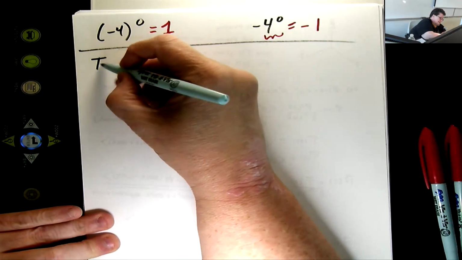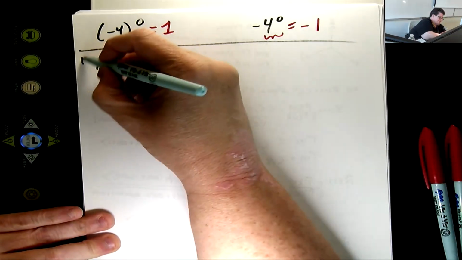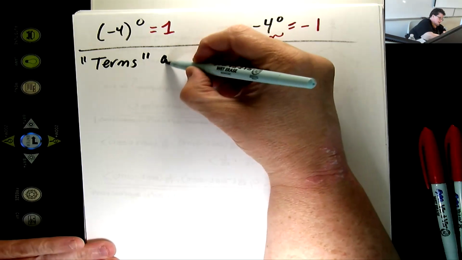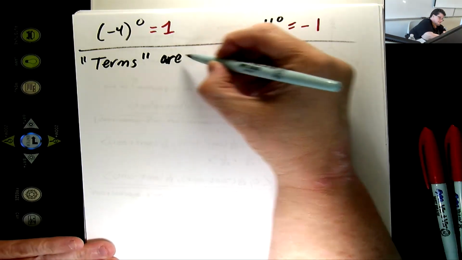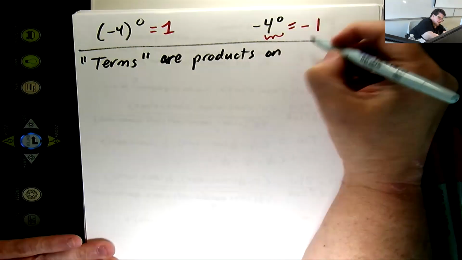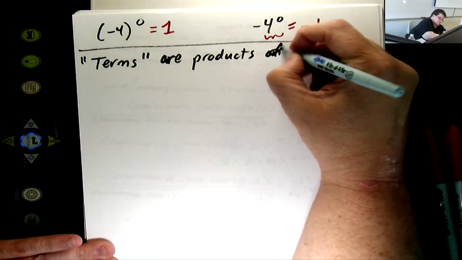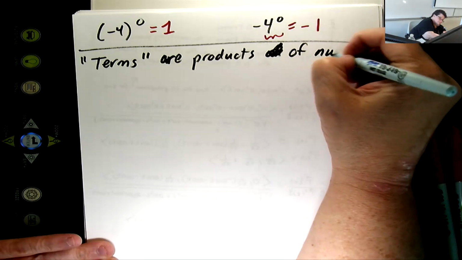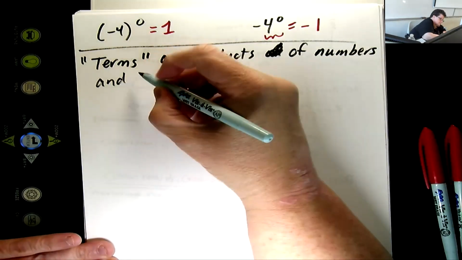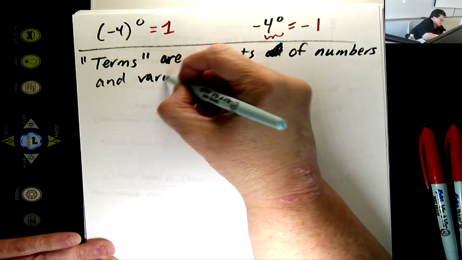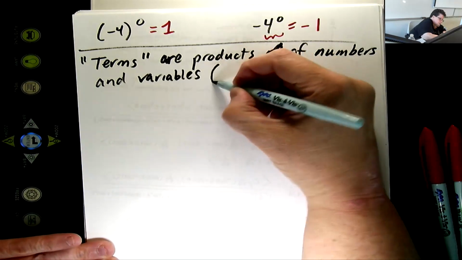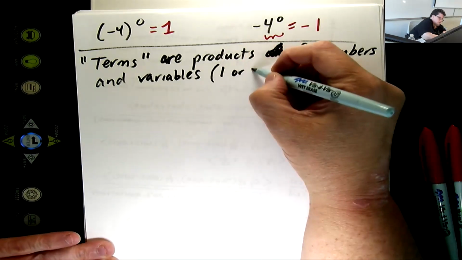Gotta give you some terminology, and one of the terminologies is the word terms. Terms are products of numbers and variables. It doesn't just have to be one variable, it could be one or more variables together.